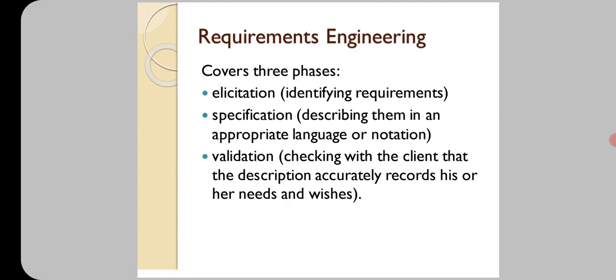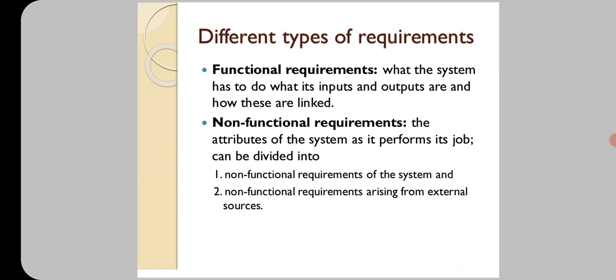Validation means checking with the client that the description accurately records his or her needs and wishes. So these are the three steps: elicitation, identifying requirements; specification, describing them in an appropriate language or notation; and validation, checking with the client that the description actually records his or her needs or not.